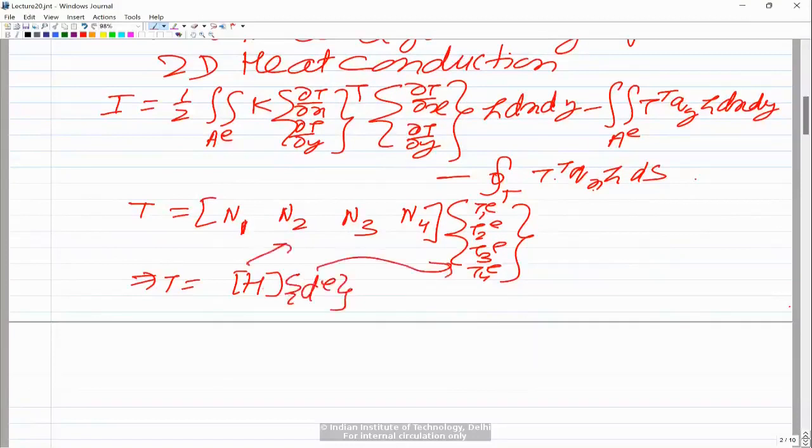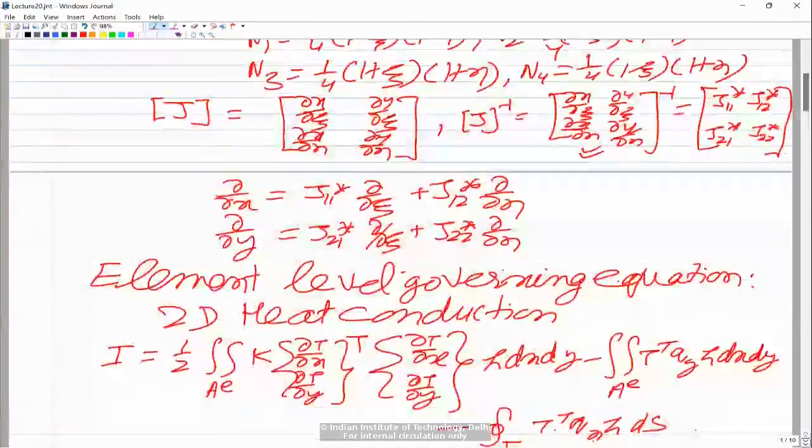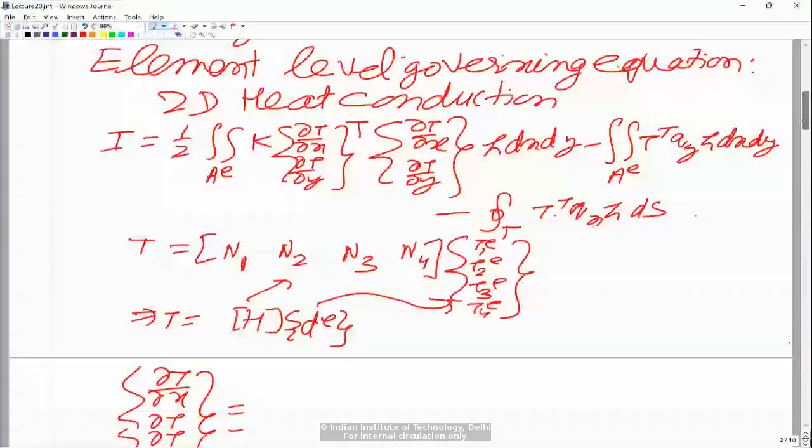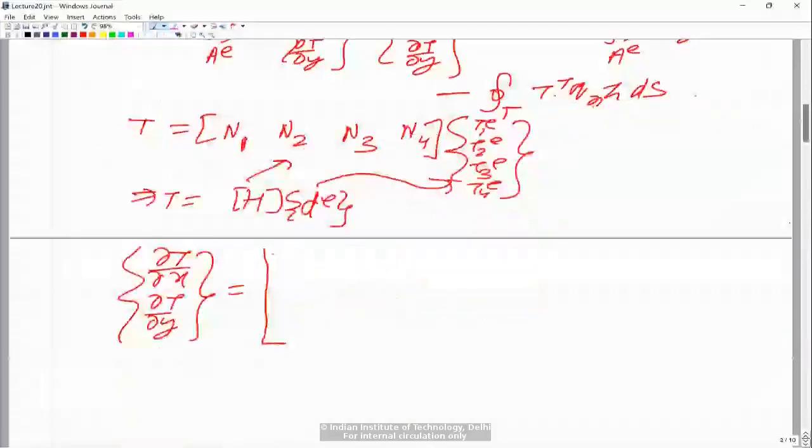And then we also need to know the temperature gradients. So if you look at del T by del x and del T by del y, because the shape function derivatives, as I said in the last class, explicit derivatives you can get with respect to xi and eta, and then using these relations you can get the derivatives of the shape functions with respect to x and y. So let us say at a particular xi and eta, we have calculated the derivatives of the shape functions with respect to x and y.